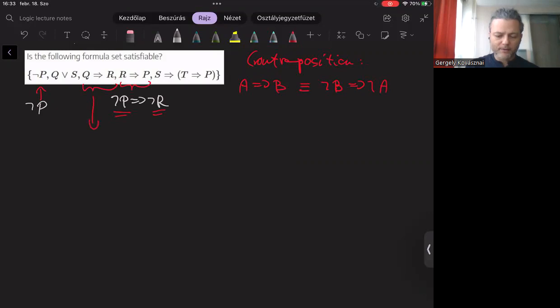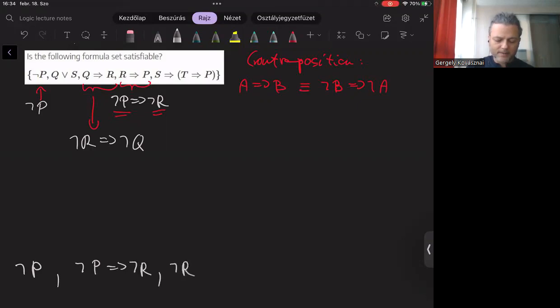Let's apply contraposition. So let's flip the two sides of the implication and negate both sides. Exactly. Okay, so far, let me summarize what we know. We know that P must be false. Then, since P is false, R must be false. And since R is false, Q must be false as well. I just rearranged my formulas, and I will keep going here.